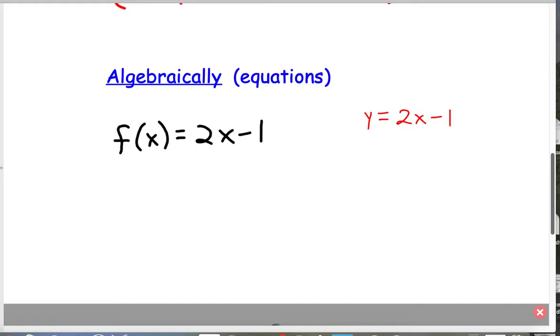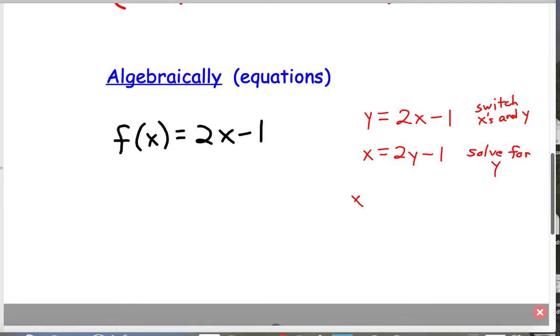So in your equation, wherever you see a y, write an x. And wherever you see an x, write a y. And now let's solve for y. So I'll put a little note here, switch x's and y's. There should only be one y if it's a function. And then we're going to solve for y.